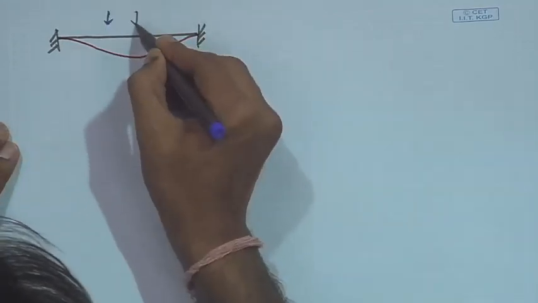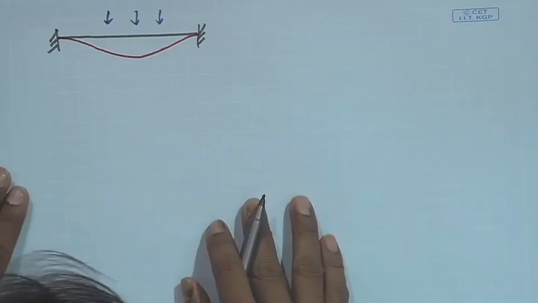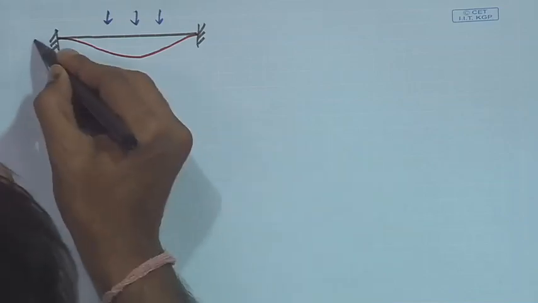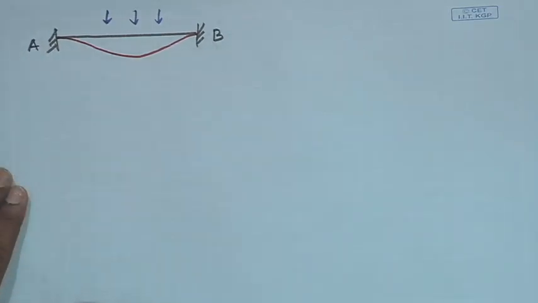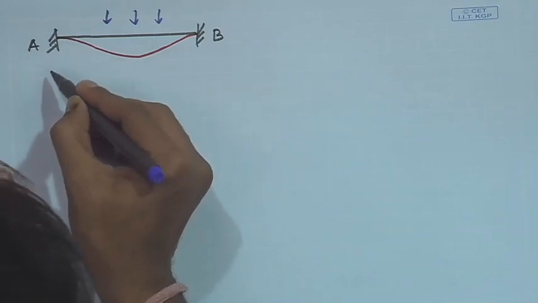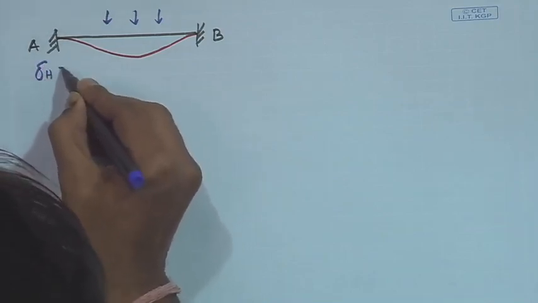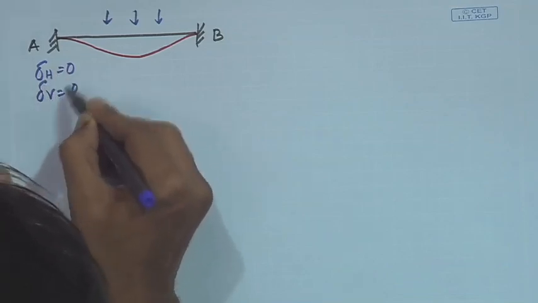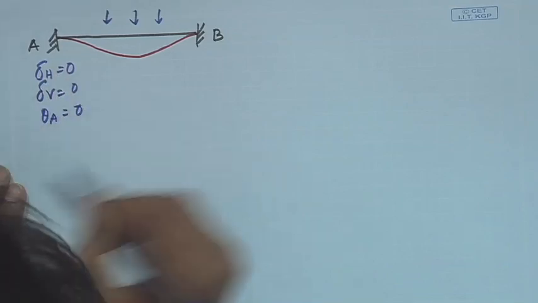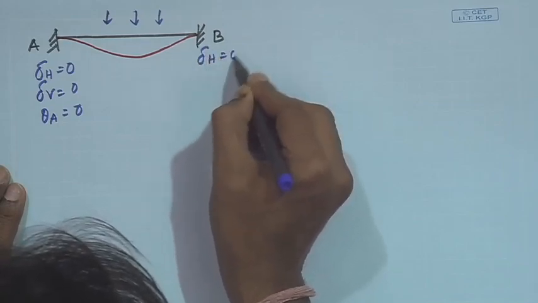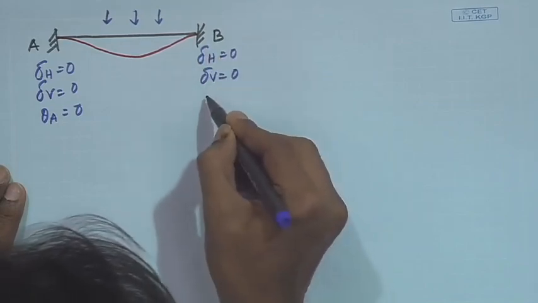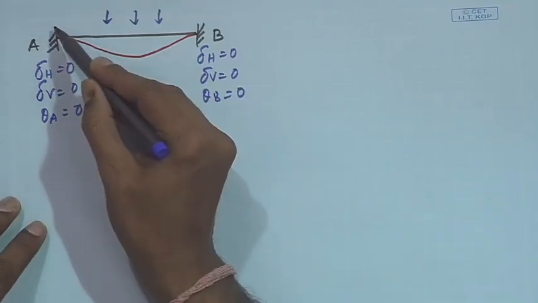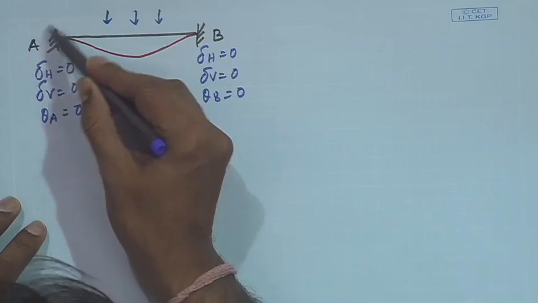Suppose this is A, this is B. At this point delta H, horizontal, is equal to 0, delta V is equal to 0, and theta A is equal to 0. Similarly, delta H is equal to 0 here, delta V, vertical displacement, is 0, and theta B is equal to 0. So at this joint, the degrees of freedom is 0.